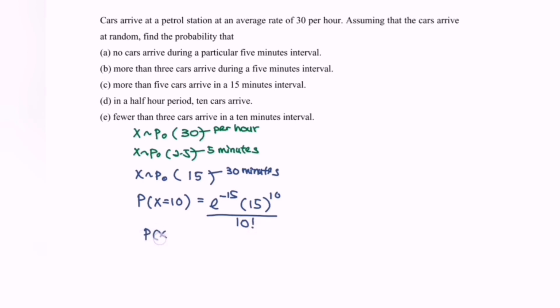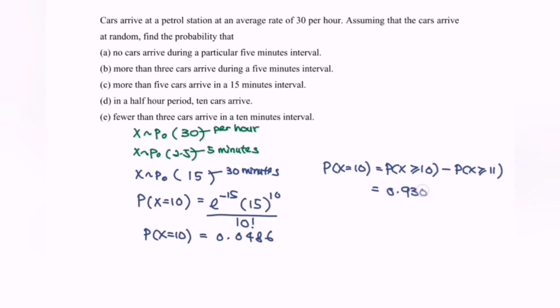So the probability that X equals 10 is 0.0486. Alternatively, X equals 10 is equal to the probability that X is greater than or equal to 10 minus the probability that X is greater than or equal to 11. Referring to the table, we have 0.9301 minus 0.8815. So the probability that X equals 10 will be equal to 0.0486.